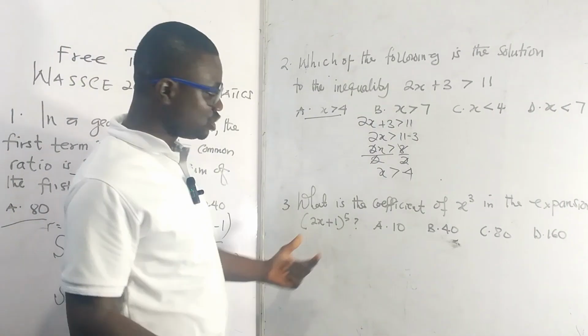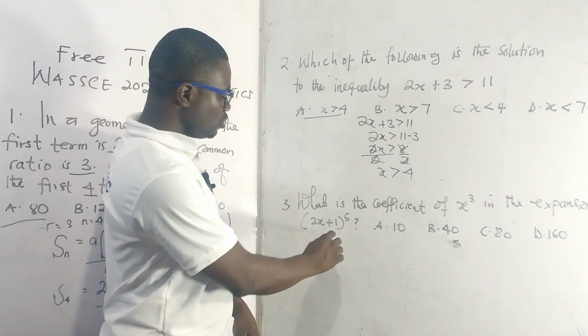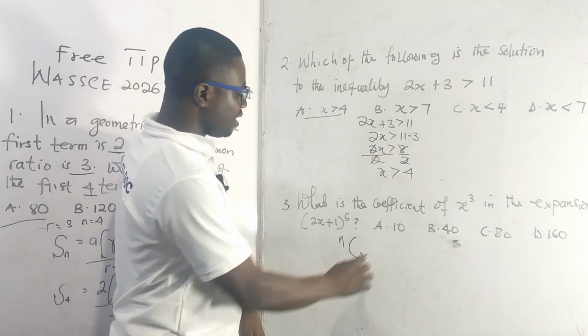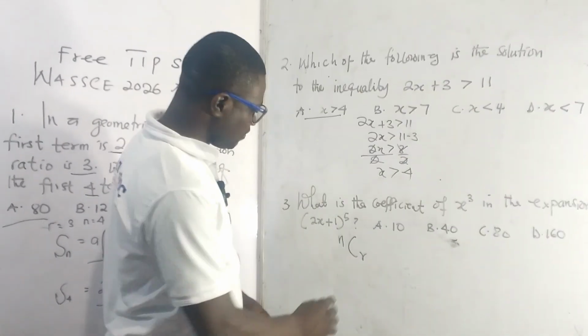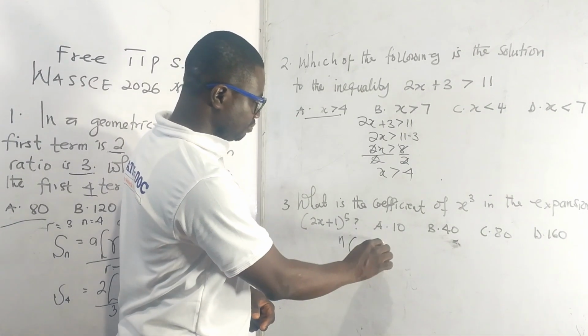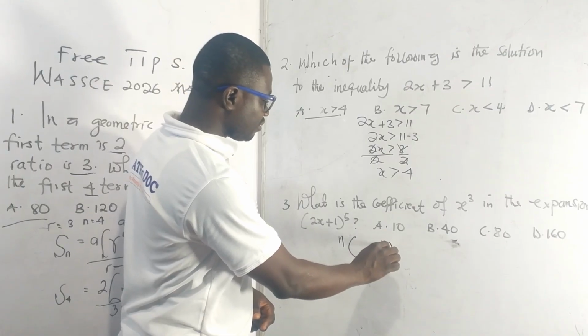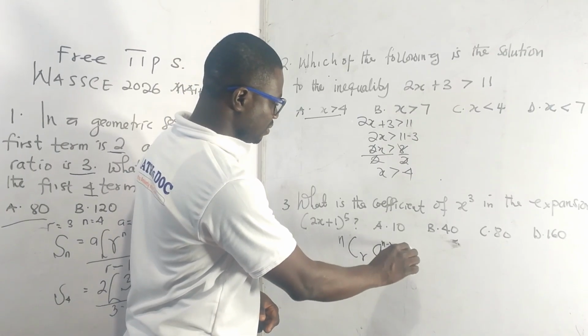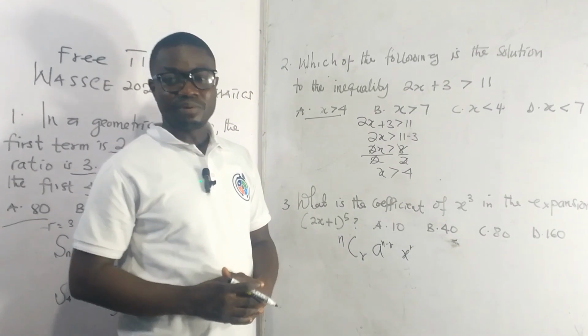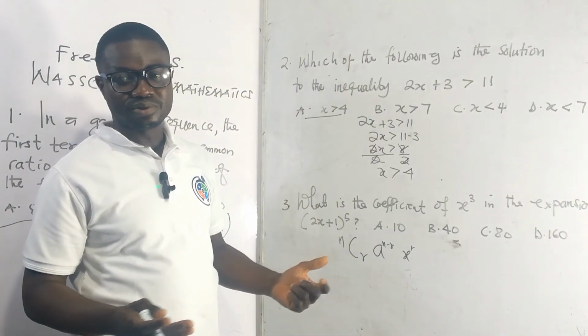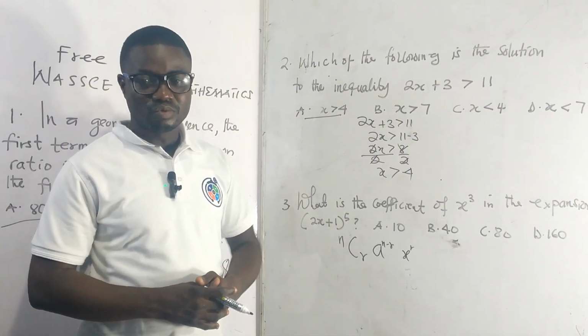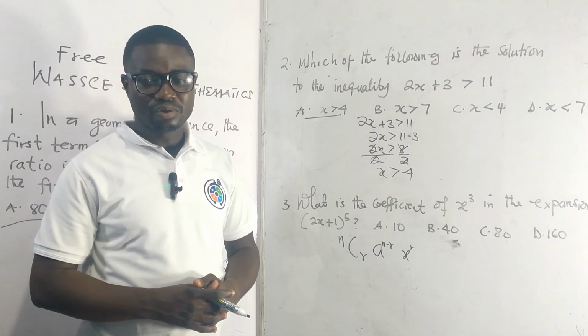In this case, let me teach you a simple formula. We use n combination r, then a raised to the power n minus r, and then x raised to the power r. This is the formula that most of us use to make it very simple to simplify.